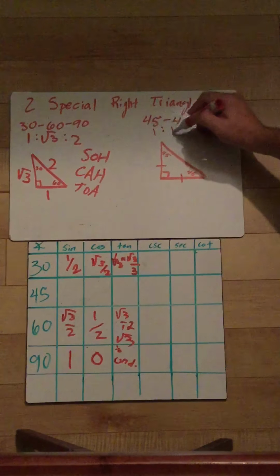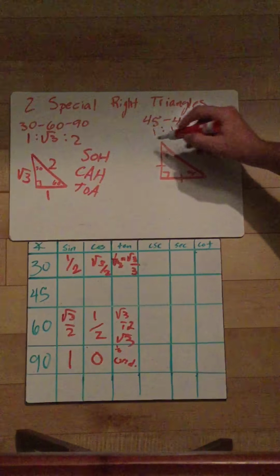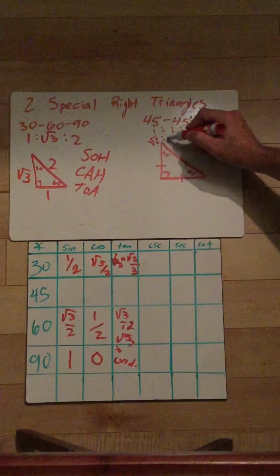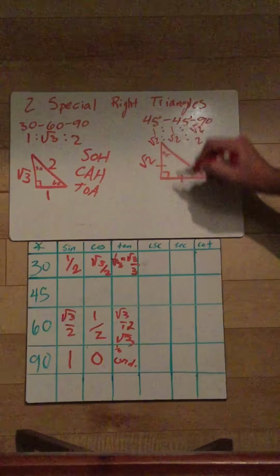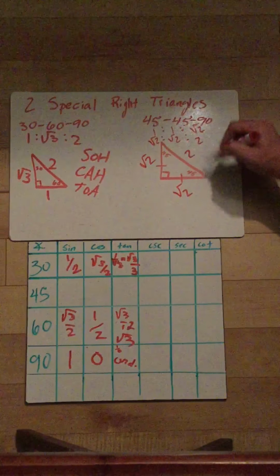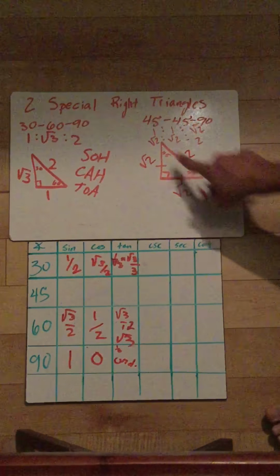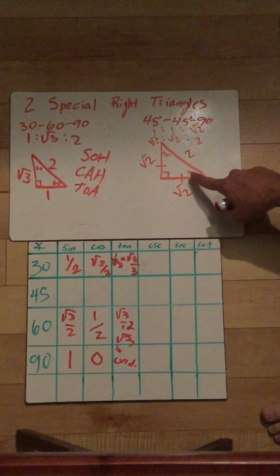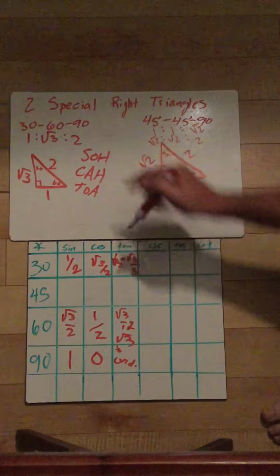Now, with our other special right triangle, the 45, 45, 90, one of the ratios is 1 to 1 to radical 2, or radical 2, radical 2, 2. So opposite 45 are the same length. It's the right isosceles triangle. So it doesn't matter which 45 we choose. Opposite 45 is radical 2 divided by the hypotenuse for the sine.